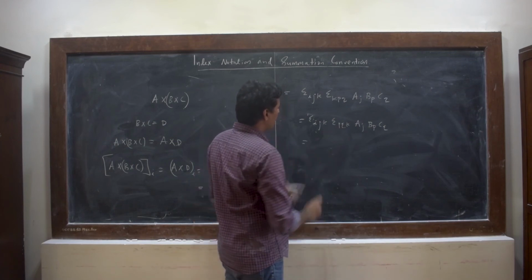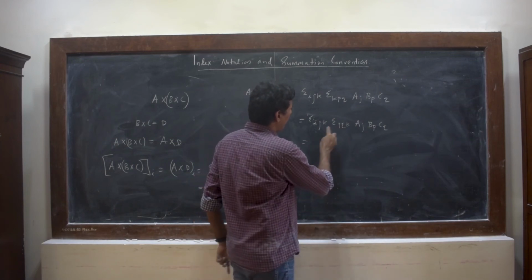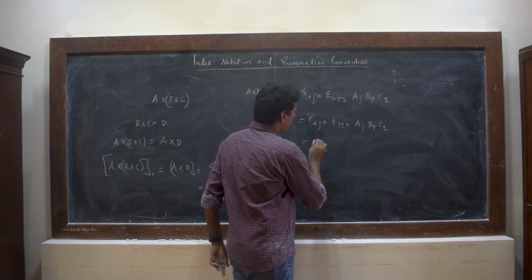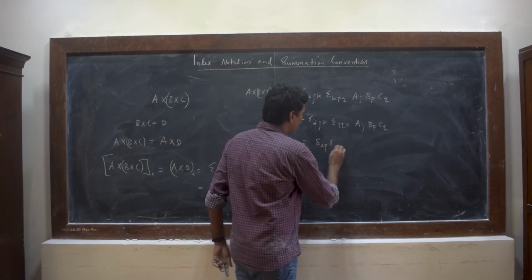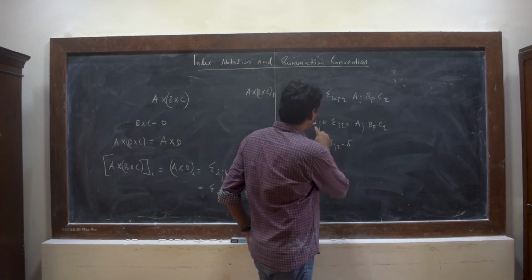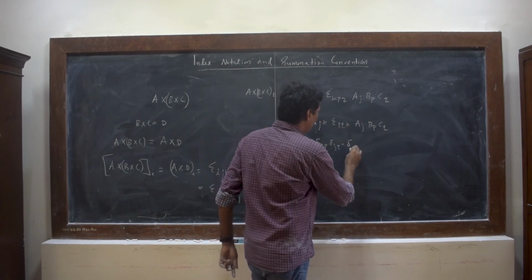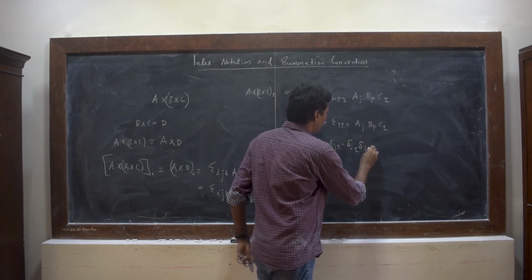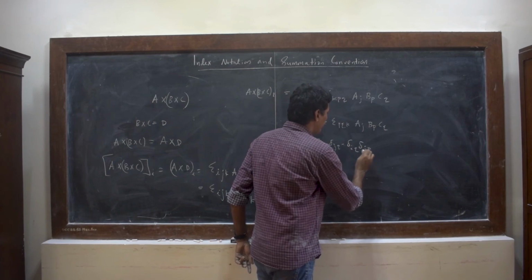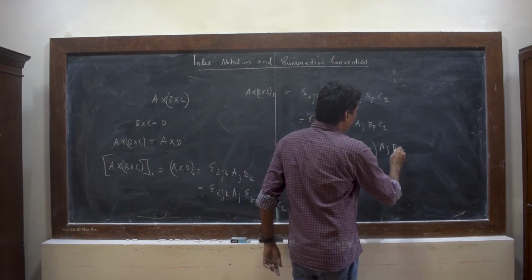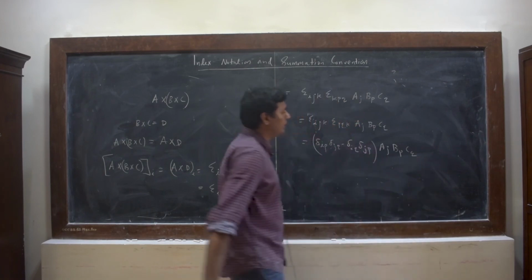And now you already know what epsilon ijk epsilon pqk is. It's delta ip delta jq minus delta iq delta jp, into Aj Bp Cq.